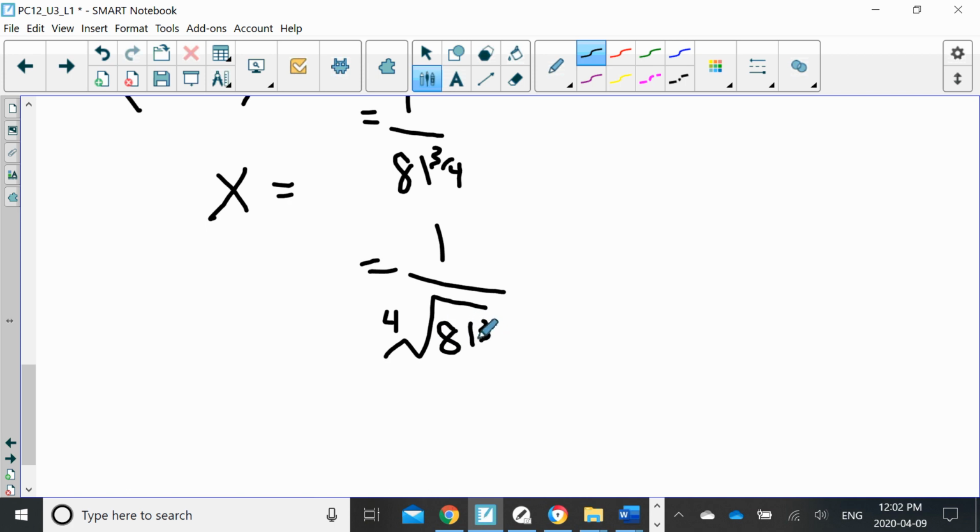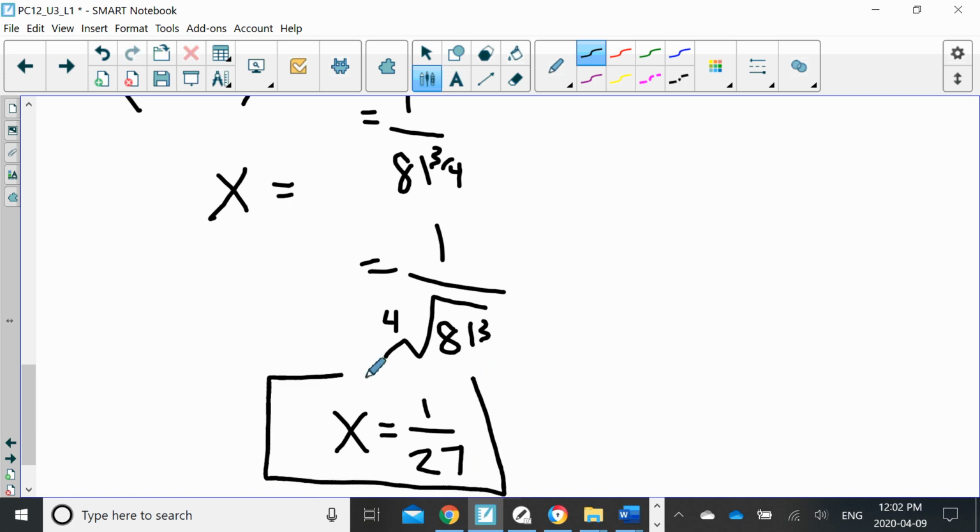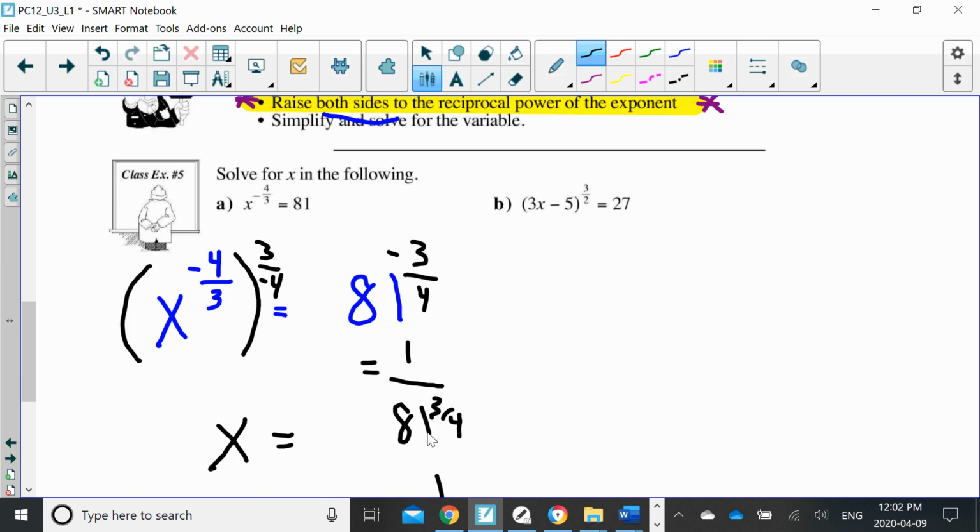The 4th root of 81 to the power of 3 is 27, so x is equal to 1 over 27. Again, that's an alternate way you could do this. This is the Math 30-1 method.